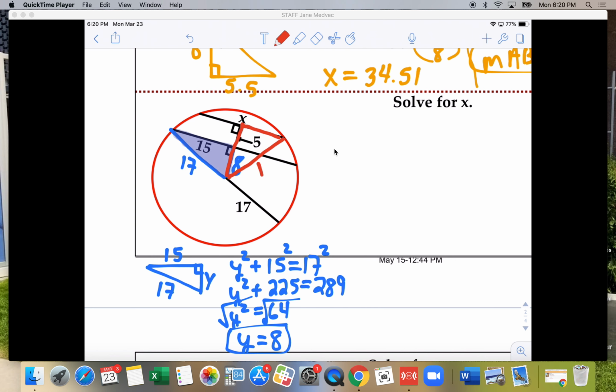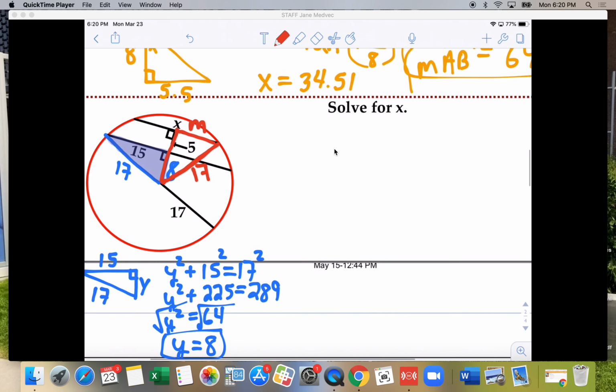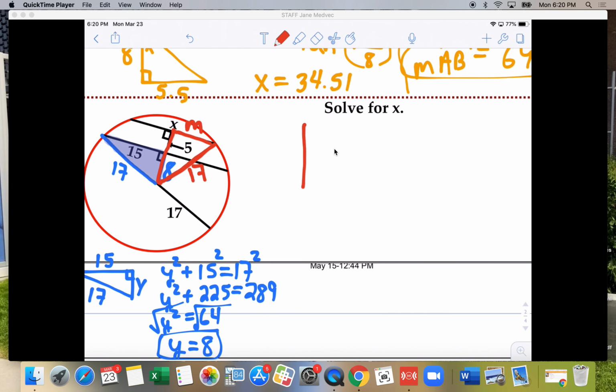Okay, this is still 17 because this is the radius. And I'm going to find this little piece right here, and I'm going to call it M. So, again, I'm going to draw that triangle. I'm going to pull it out. Okay, so I've got 17. And then you're going to notice that this little side right here, that's going to be 5 plus 8.